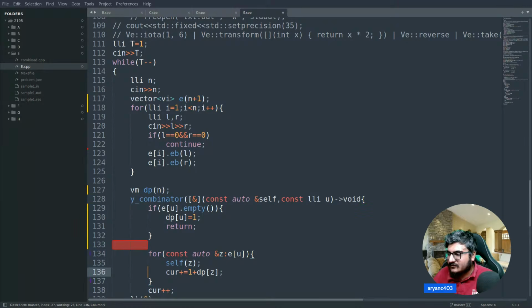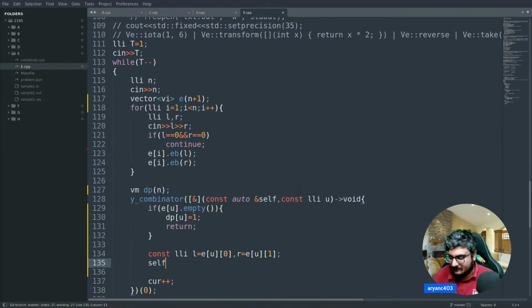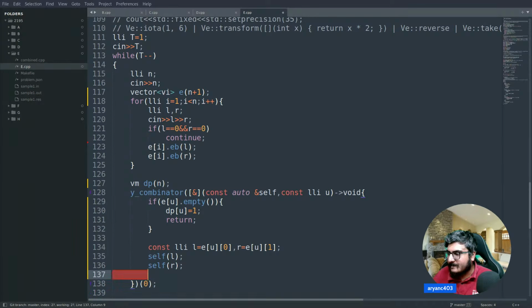Otherwise, first find the result for all of the children. Let's find all the children here. Recursively find the answer for R. Recursively find the answer for U. Your answer for U is 3 plus TPL plus TPR.